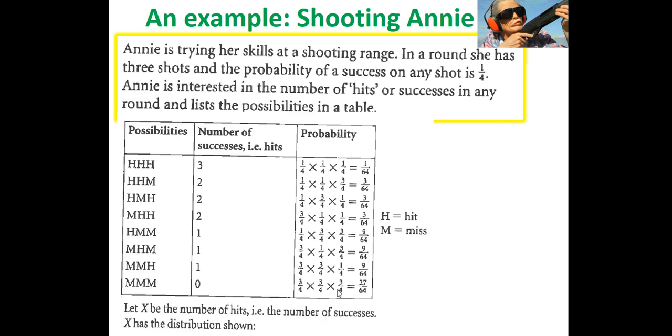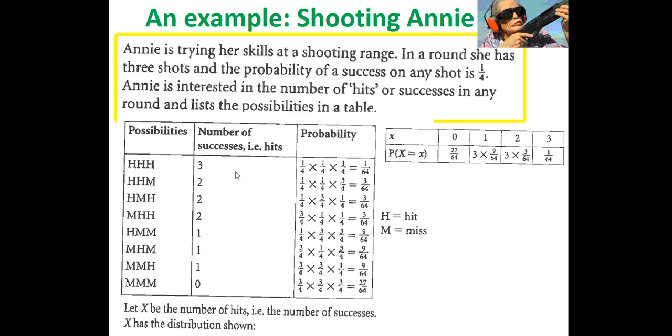Then let X be the number of hits, i.e. the number of successes. X has the distribution shown. You can summarize it in a table, where the outcomes are 0, 1, 2, or 3. Where did these probabilities come from? For 0 hits, there was only 1 way, so you just have 27/64.